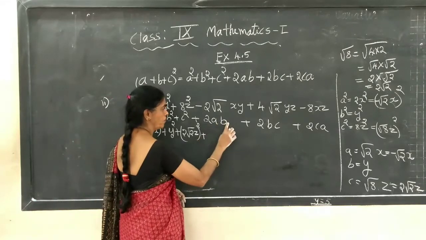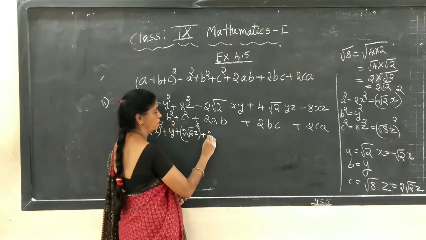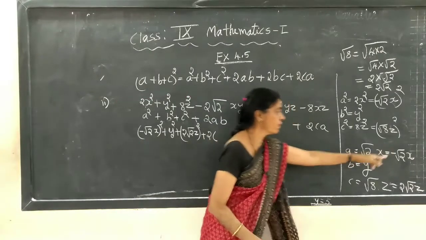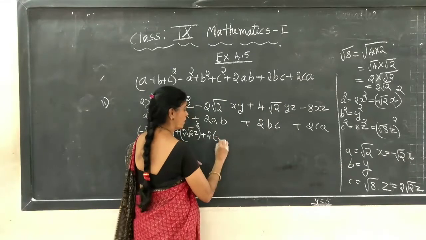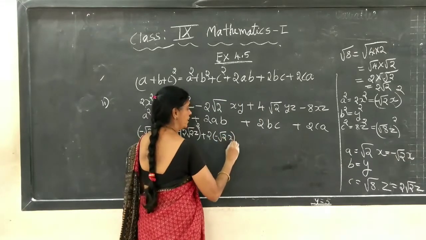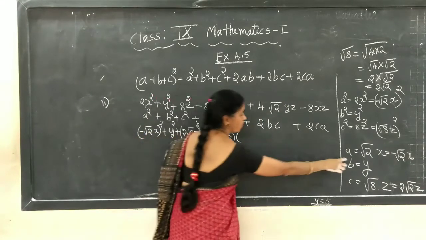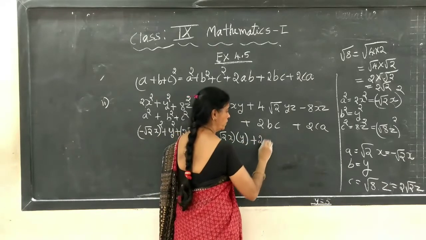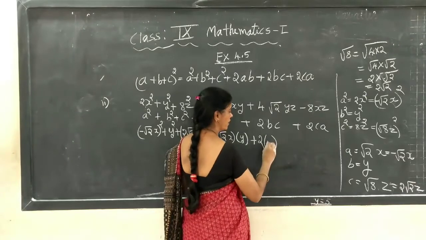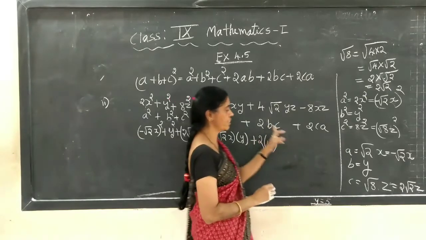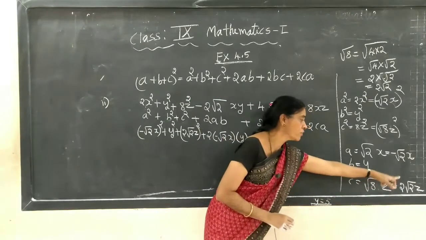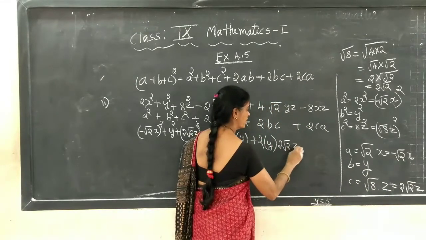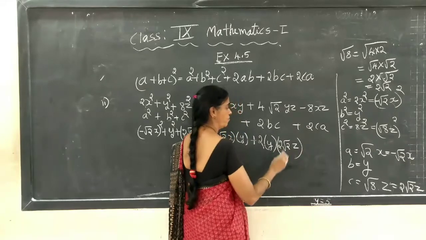Plus 2ab. What is a there? Minus square root 2 x, into b. b is how much? y. Plus 2 into b, which is once again y, into c. c is how much? 2 square root 2 z.